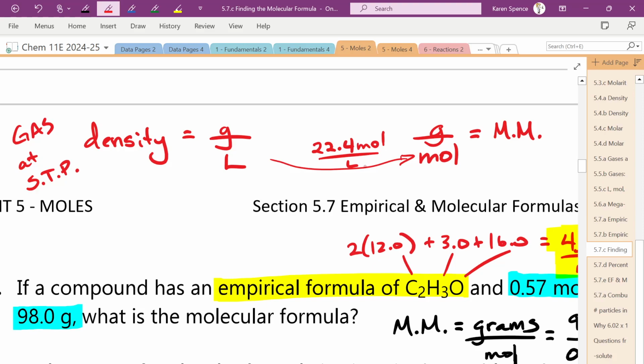Yes? Oh, so many people nodding at me. Nobody's screaming, Spence, what the hell are you doing? Anyone want to scream at me? Yeah, it's 1 mole for 22.4 liters. It's 22.4 liters per mole or 1 mole per 22.4 liters.